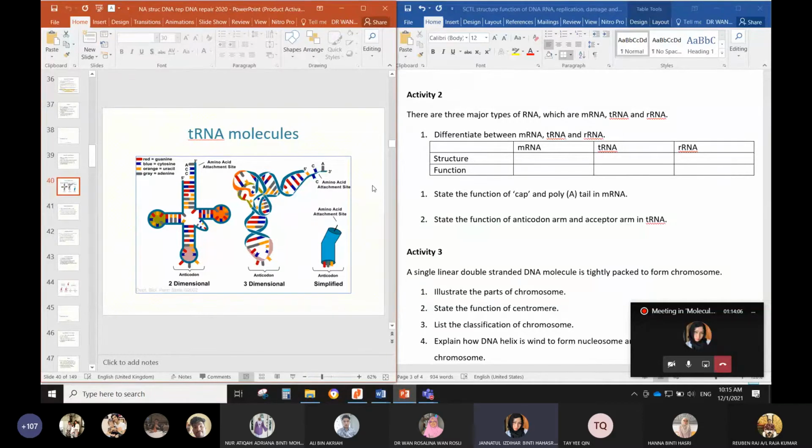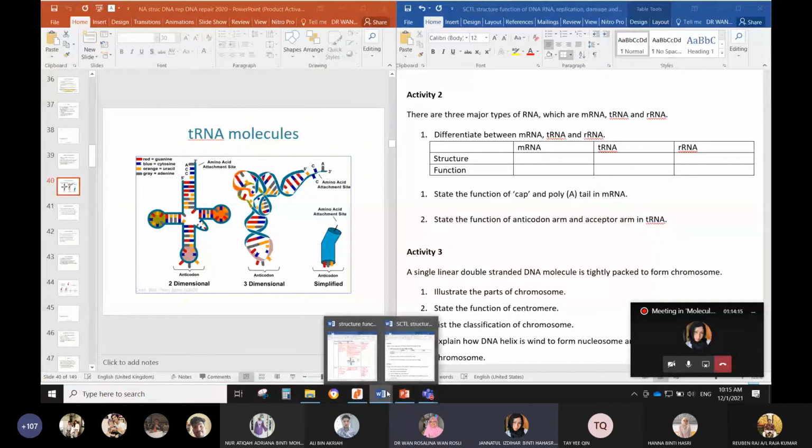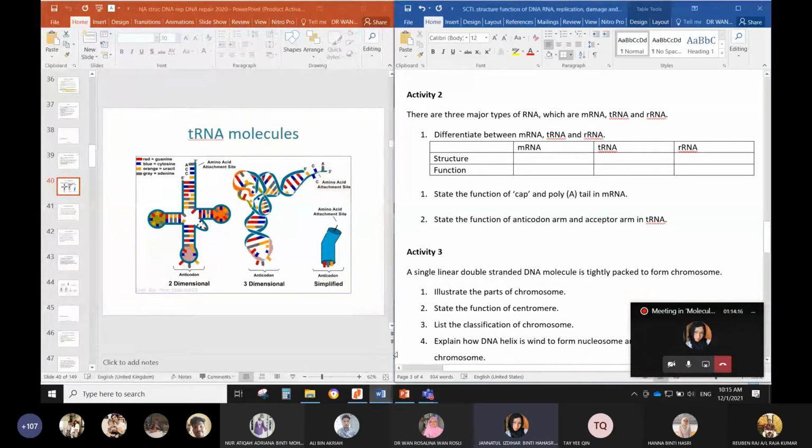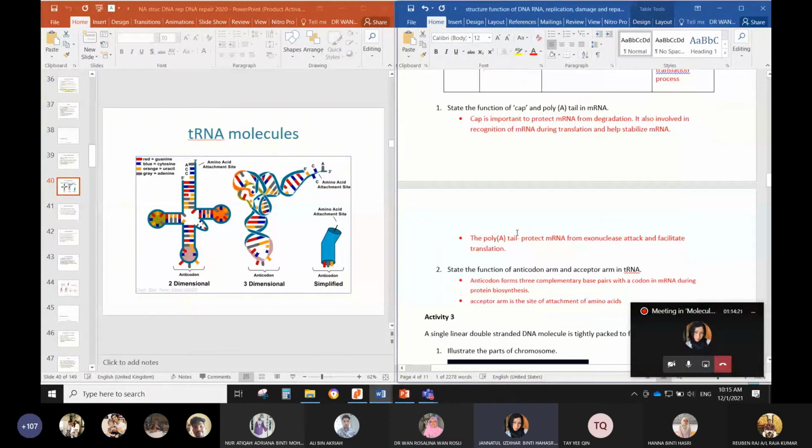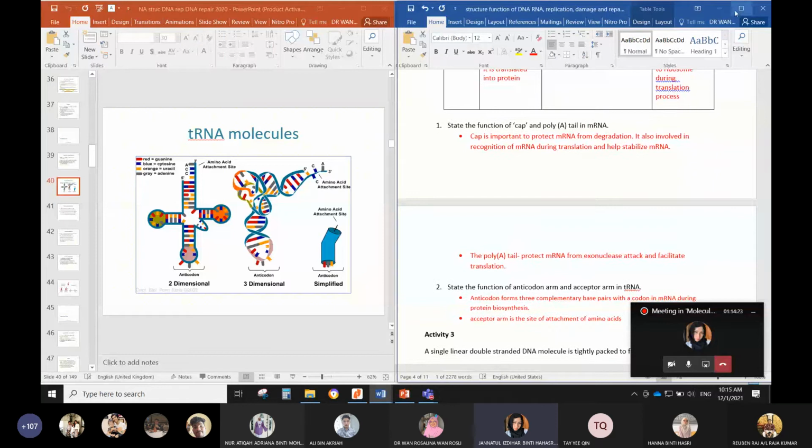And then for the acceptor arm, I'm not so sure, but does it have to do with amino acid? Yes. So it's attached to the hydroxyl group on the adenine nucleotide, I think. I'm not so sure, sorry.